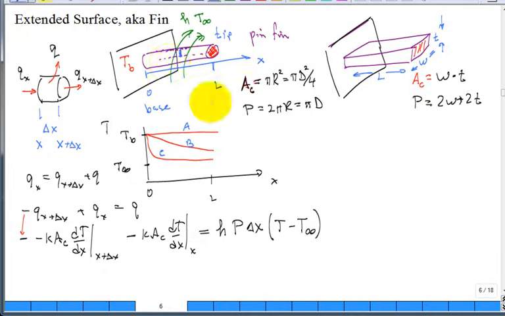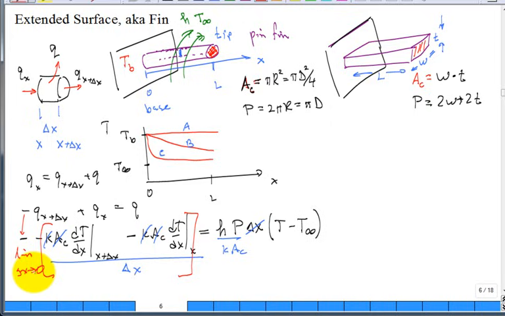So what do we do? We take and divide by K A sub C to get these over. Divide by the delta x to get that one over. And what do I do with this quotient? We think about the limit as delta x goes to 0. And from calculus, you're experts in calculus, you recall, that's just the derivative.